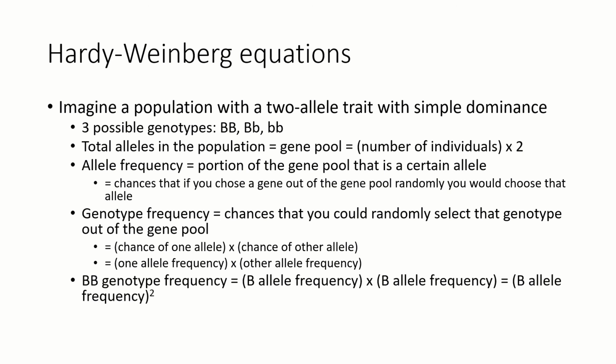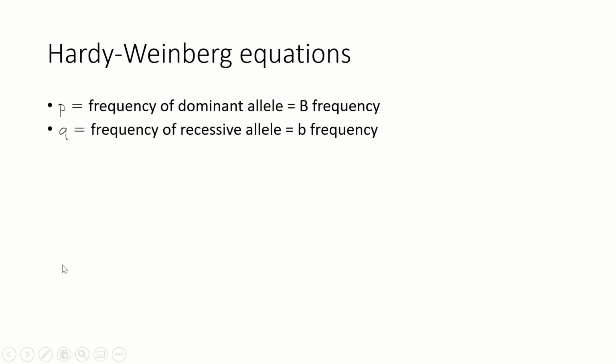All right, so the homozygous dominant genotype frequency is the frequency of the dominant allele times itself, so squared. Okay? Now, let's say that we have P and Q, right? P is the dominant allele, Q is the recessive allele.